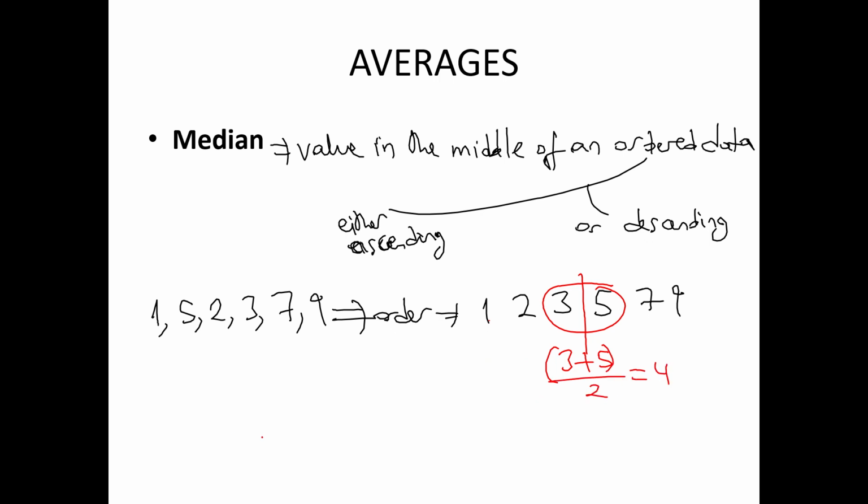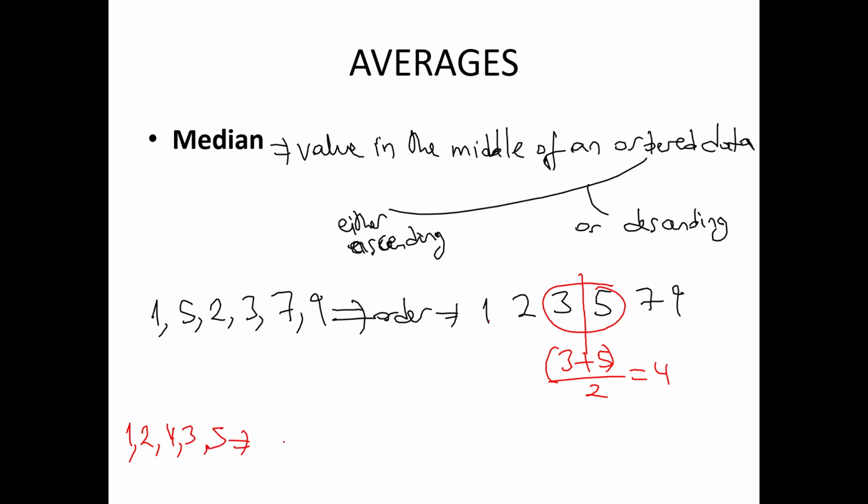This is the median. But it is also possible, let's say that I have 1, 2, 4, 2, 3, and 5 one more.